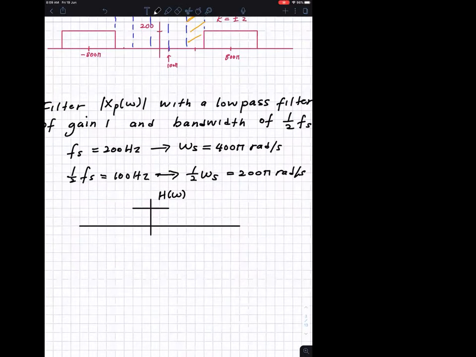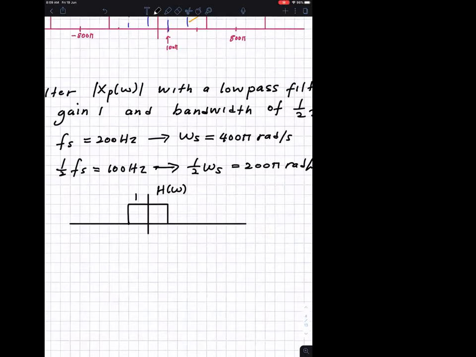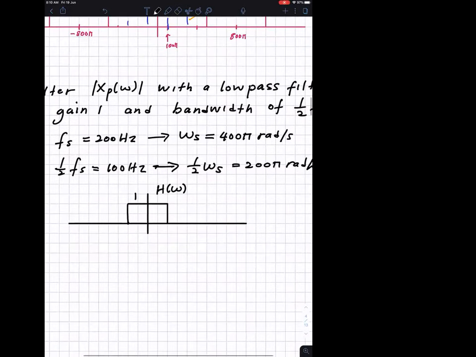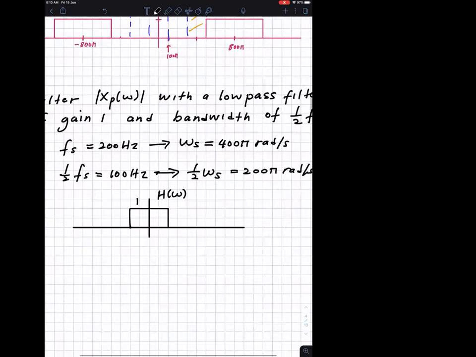Usually filters do not attenuate the signal that is passing through them in their pass band, right? They are not amplifiers, so they cannot amplify. So the gain is 1, ideally. This is the cutoff frequency of this filter.